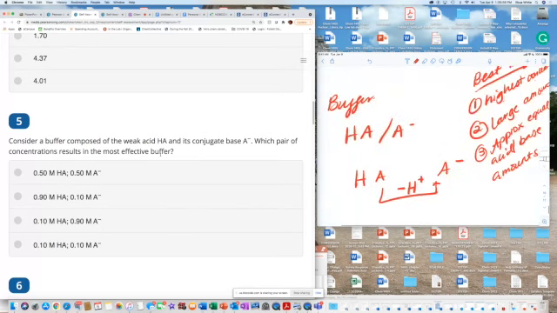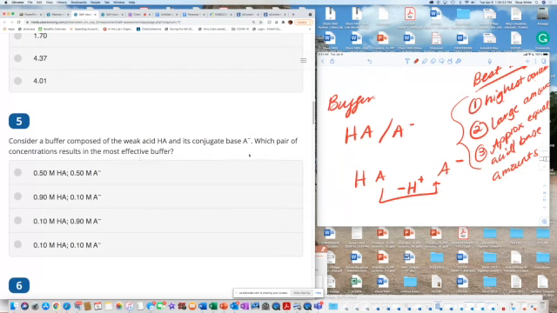Because the acid will neutralize the base, the base neutralizes the acid. You don't want to have a lopsided defense system. You want to have an even defense system. That way, if you have base, the acid can neutralize it. If you have acid, the base can neutralize it. You don't have a lopsided defense system. Okay. Now, the idea is you want to have these three scenarios if possible.